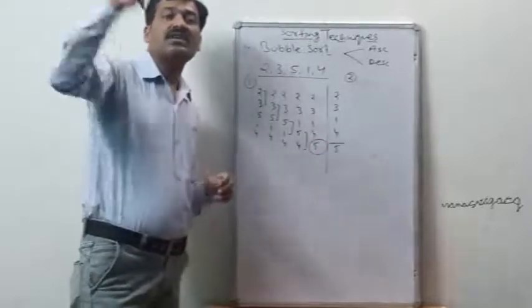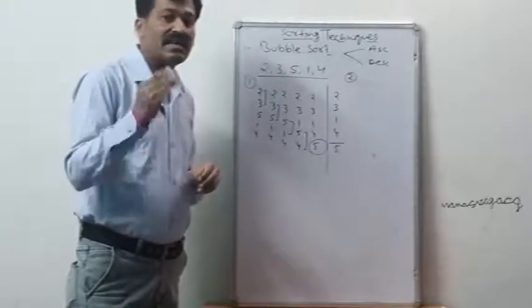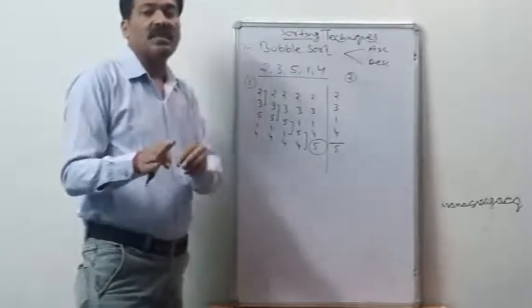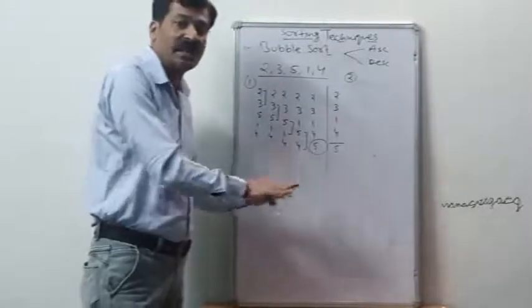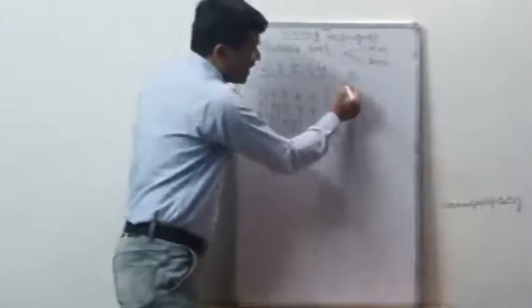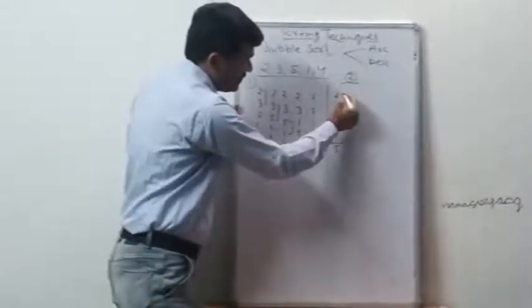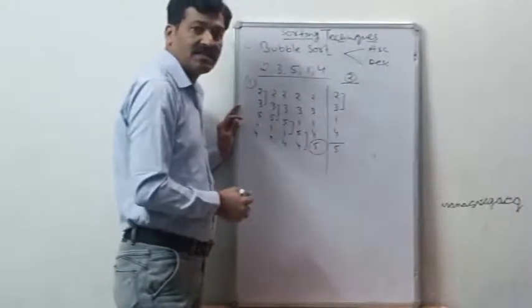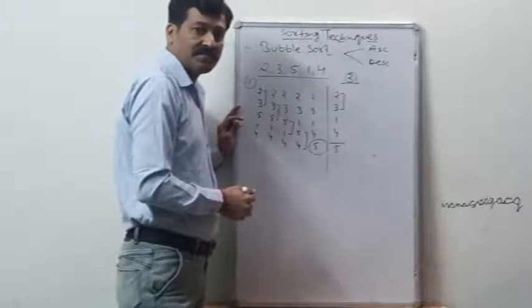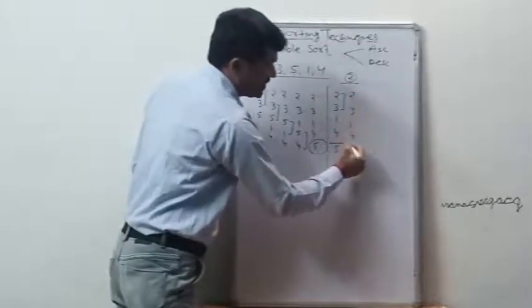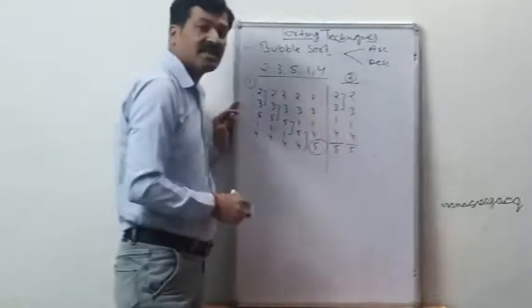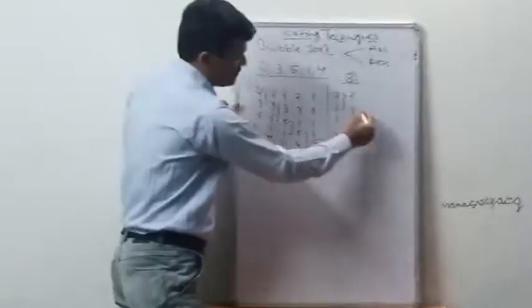It means that in further rotations of the inner loop, the greatest element which is already placed will not be checked by the condition, because it is at its place. In the second rotation of the outer loop, again the same process is applied. 2 is greater than 3? The condition is false. The list will be as it is, as 5 is the greatest element which is kept.